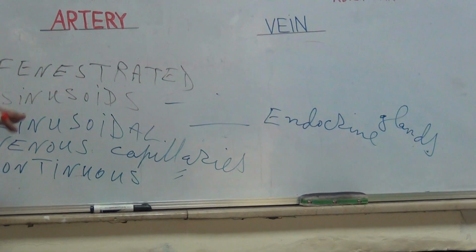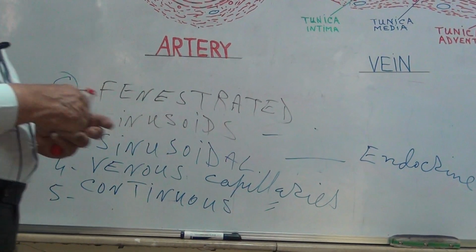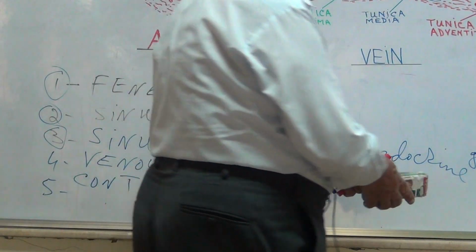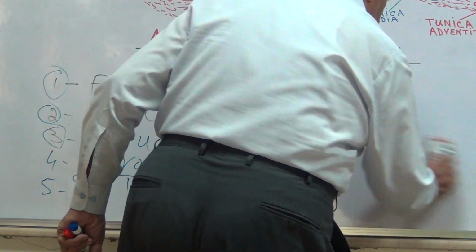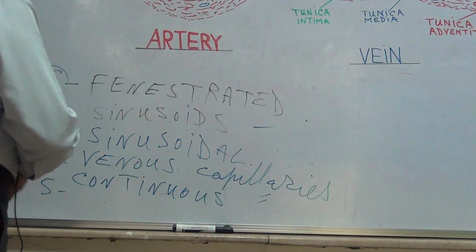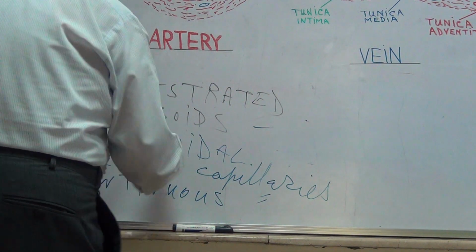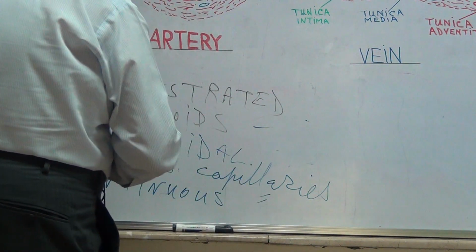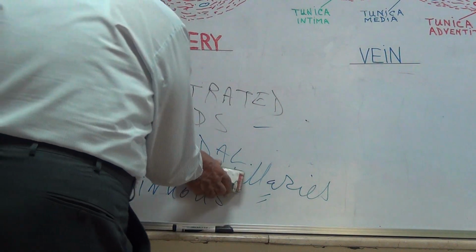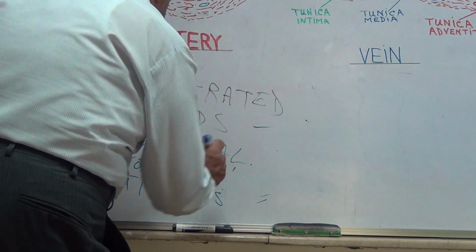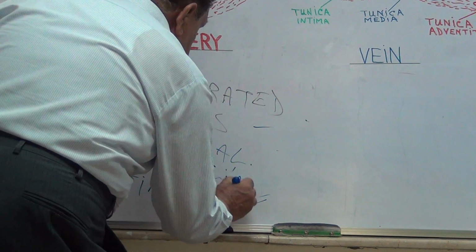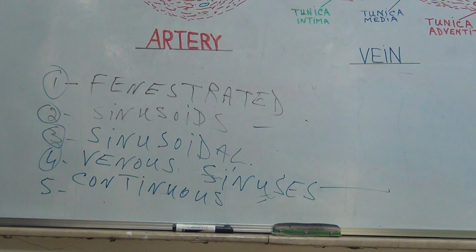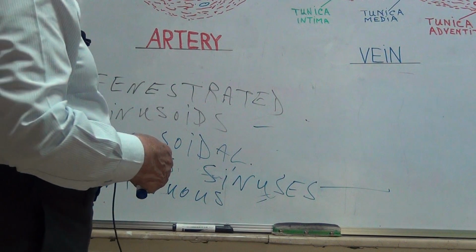The fourth one is the venous sinuses. These sinuses are capillaries.